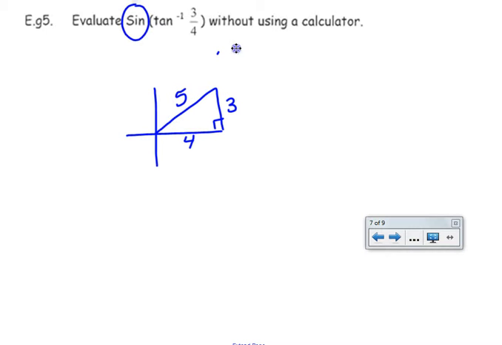Now look what the question's actually asking you. What is the sine of this triangle? Opposite over hypotenuse. The answer is 3/5. That's exactly how I want you to do that question. That's pretty easy. What they do is they give you one clue to start you off drawing your triangle, and then you fill in the rest of the triangle, and then you know the other functions.